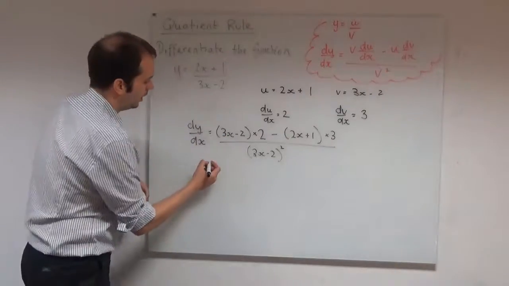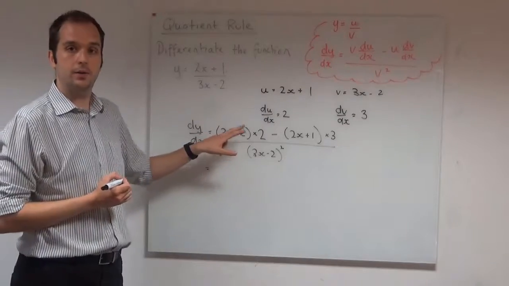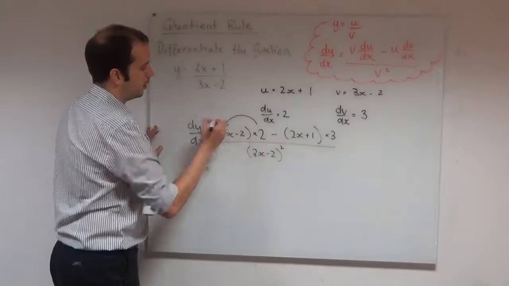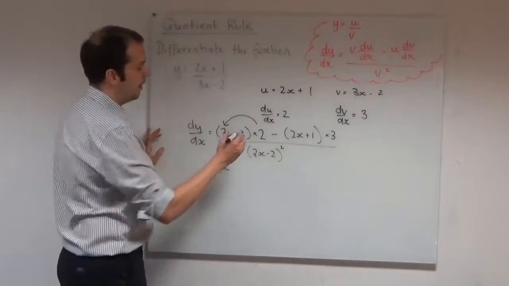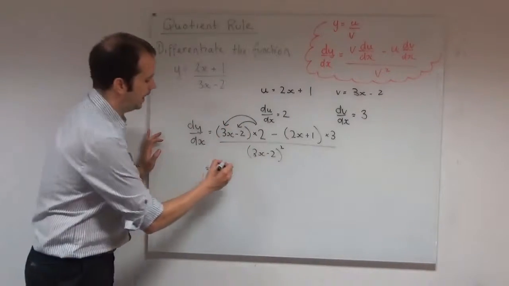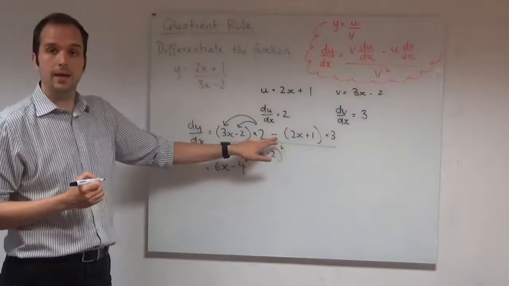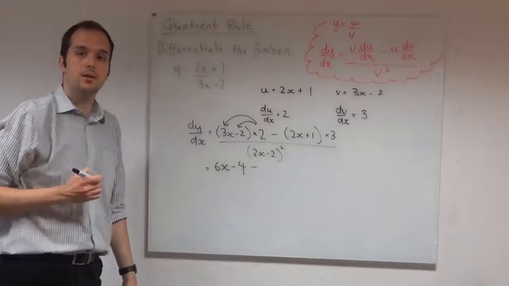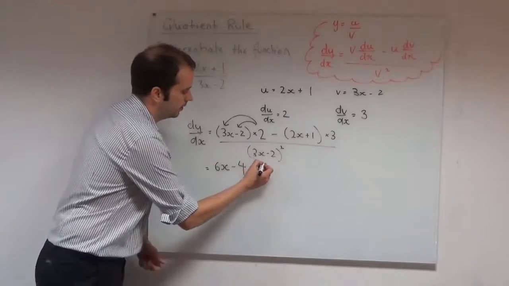So let's do that, let's see what we get. So the first term is 3x minus 2 times 2. So if I multiply that out, I'm going to get 3x times 2, which will give me a 6x, and then a 2 times minus 2, that will give me a minus 4. Then I have minus, I'm going to leave that minus there for now, and do the expansion of 2x plus 1 times 3, but leave that in a bracket.